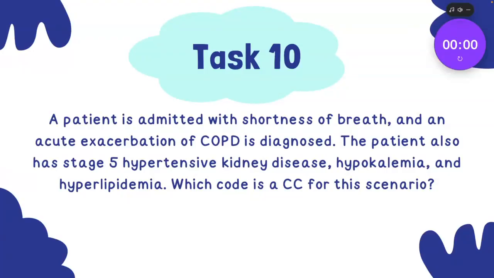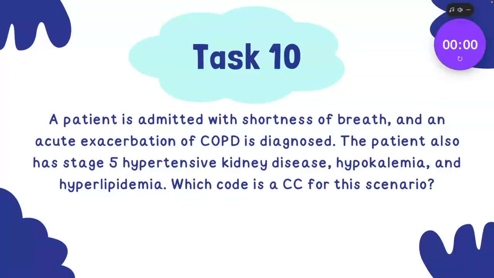For purposes of making sure that we don't run out of time, I will give you the code numbers. Hypertensive CKD is I12.0. We don't know the stage.